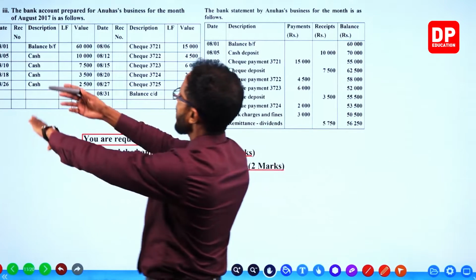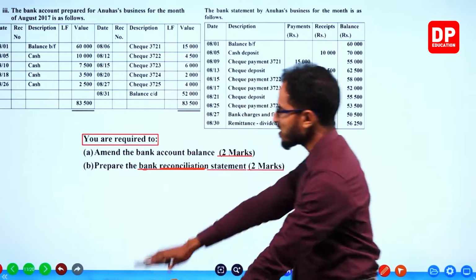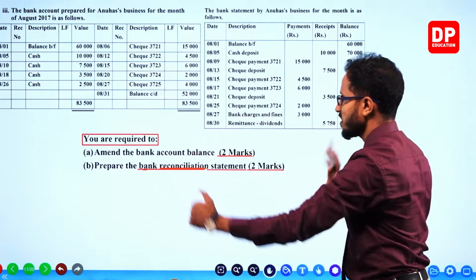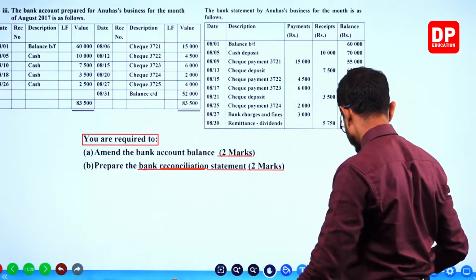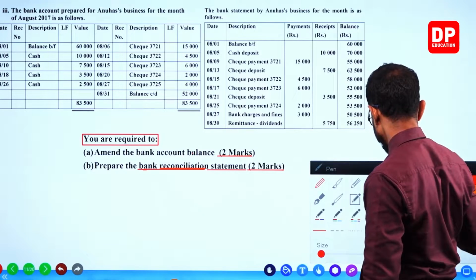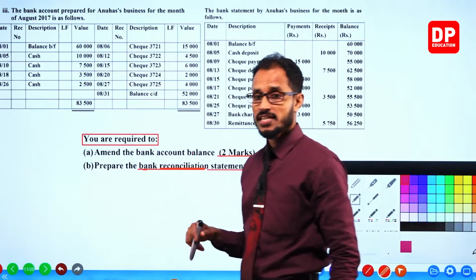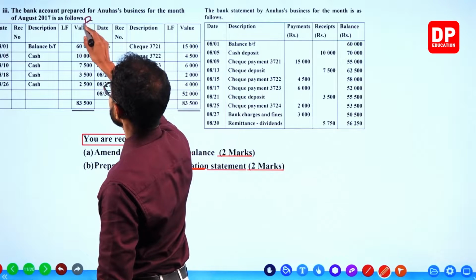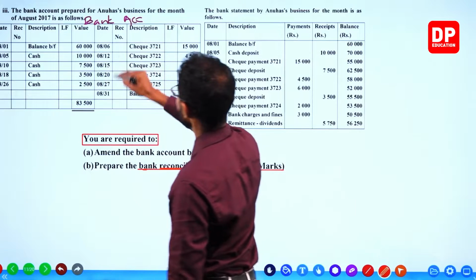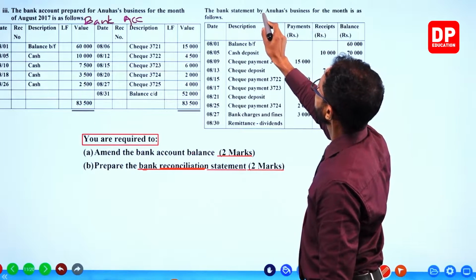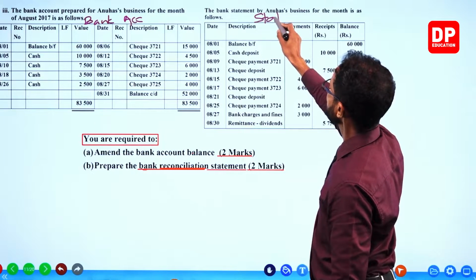Because now we have the bank account and the bank statement nicely lined up on the same slide. There's nothing we are missing. Everything is here. This is the bank account. This is the statement.